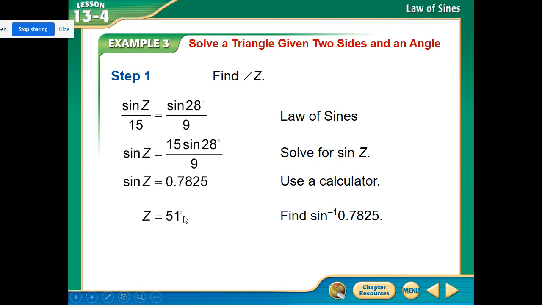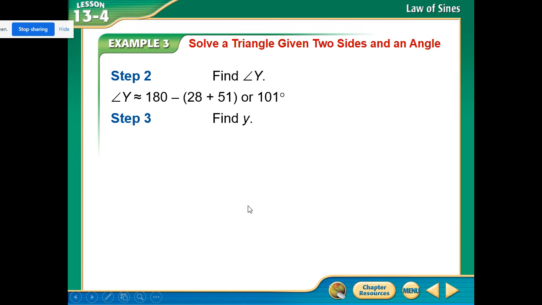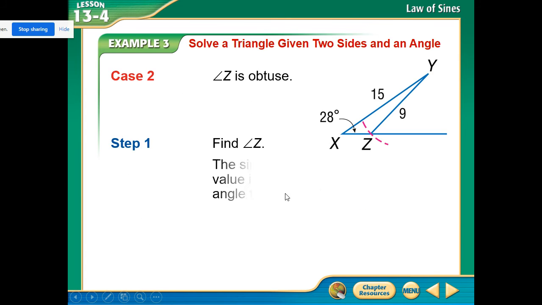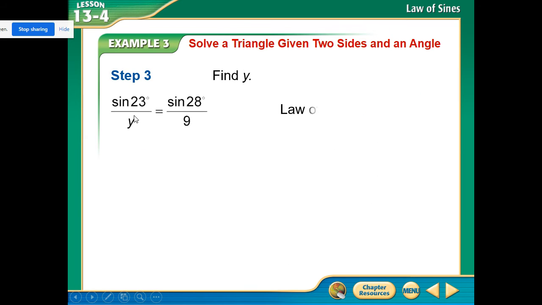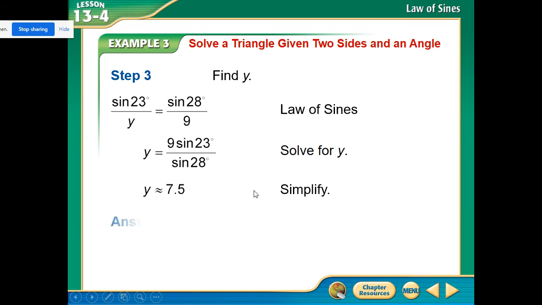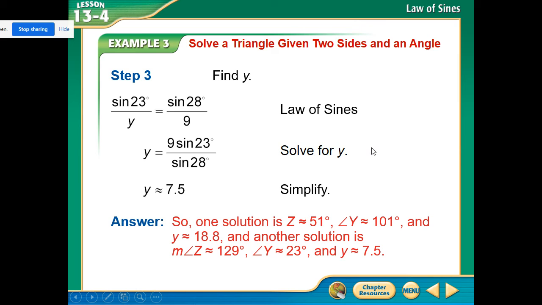So we did that first step, got the 51, and we continue solving the triangle that way. But once we have that, to find the other triangle, we do 180 minus 51, or 129. Then we go ahead and find the other angle. So 180 minus the 28 and 129 gives us 23. And that 23 then allows us to do law of sines for 7.5.